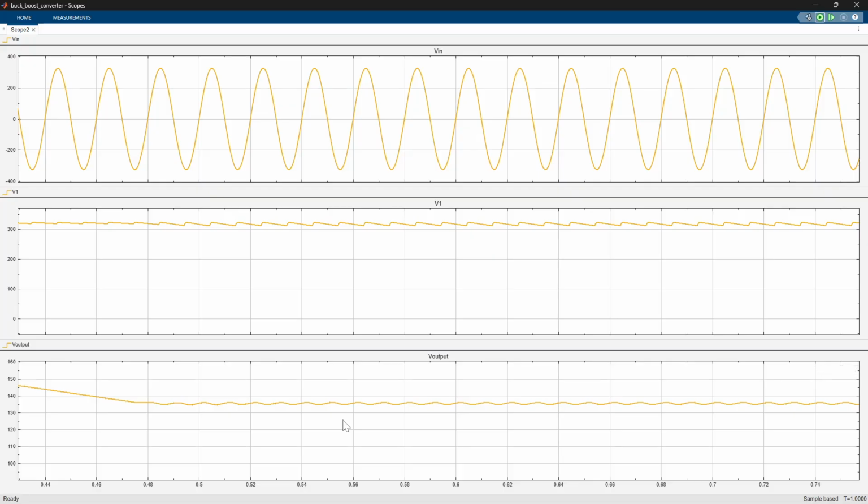Why does this happen? Now the motor reaches a steady speed, then the back EMF is stabilized.